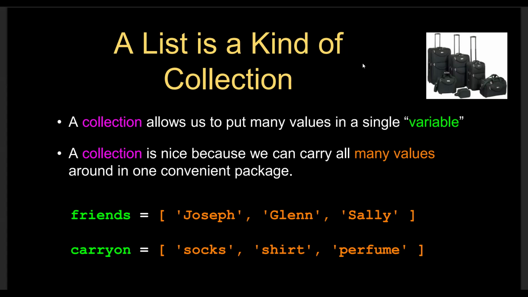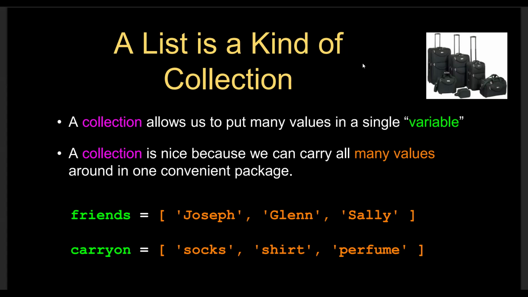Here see, a collection allows us to put many values in a single variable. So if you want to store many values in a single variable, we'll use this list data structure. Next line, a collection is nice because we can carry many values around in one convenient package. Why is it nice and a beautiful concept?